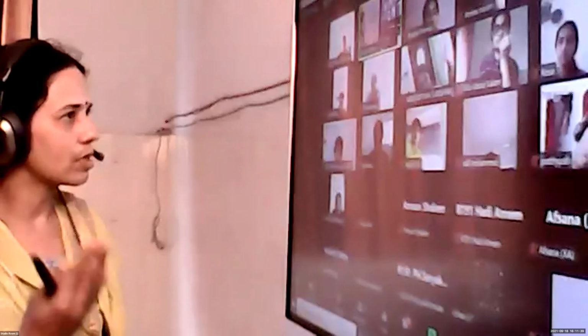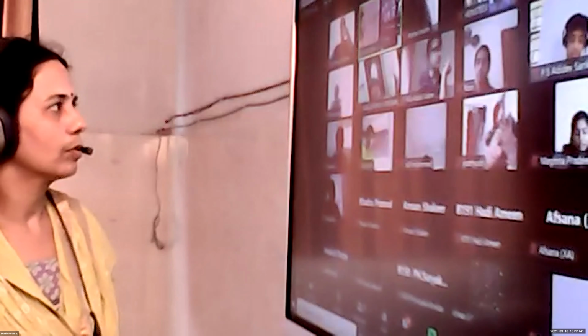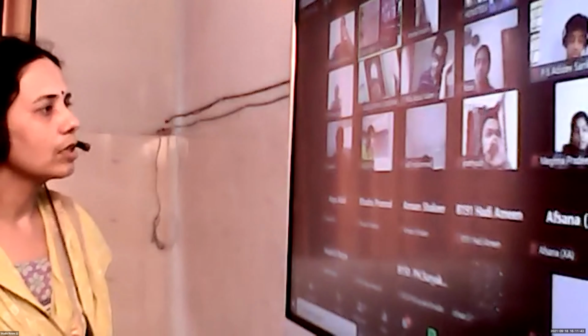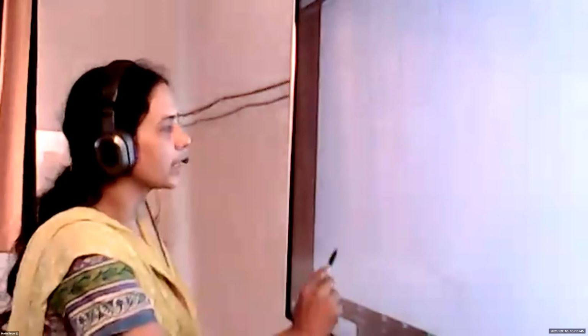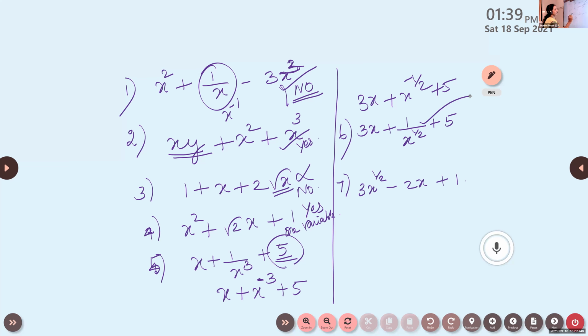It must be a positive integer or it may be 0. Now look at the exponent here. Exponent means the power. Is it a non-negative integer? Here we are not writing, which means the power is 1. X1 means it is x raised to 0. Look at the powers, whether they are non-negative integers.